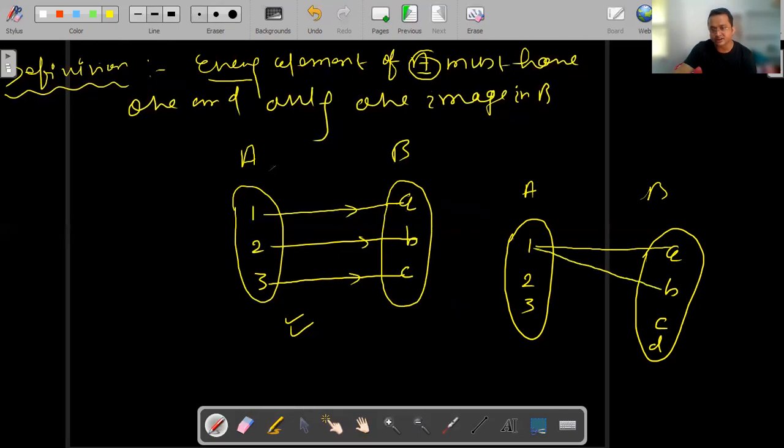You can see very clearly, 1 has two images, and 2 has one image, and 3 has one image. So can we say that this is a function? Absolutely not. This is not a function.